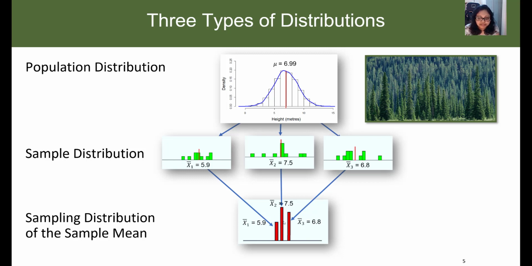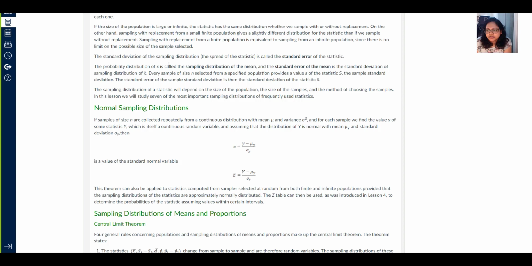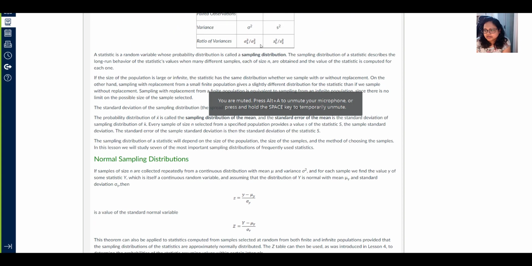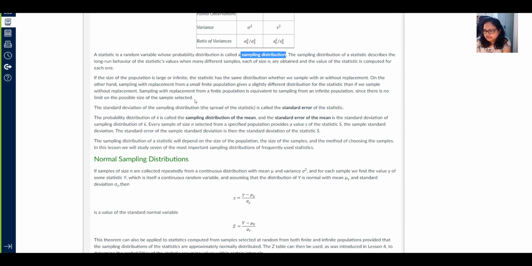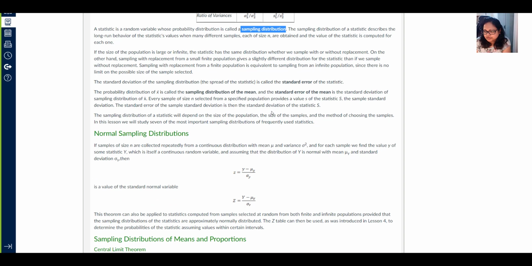Whenever we use a statistic, here the mean is the statistic, we say this is the sampling distribution of the sample mean. So in the sampling distribution, the standard error, where is it coming from?